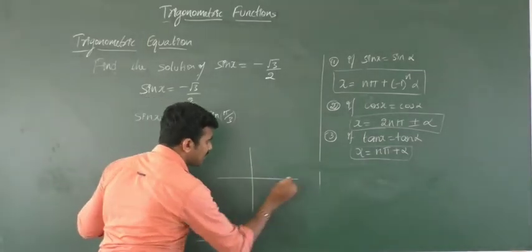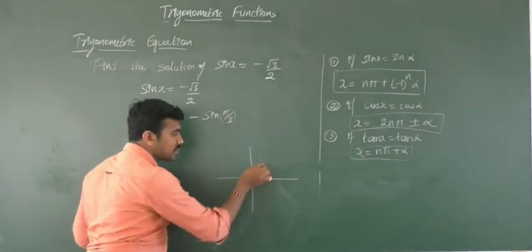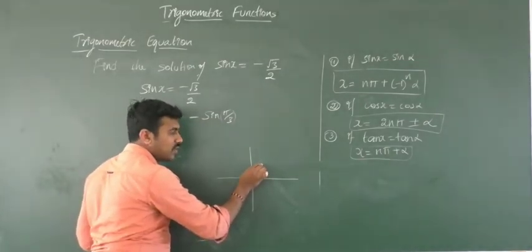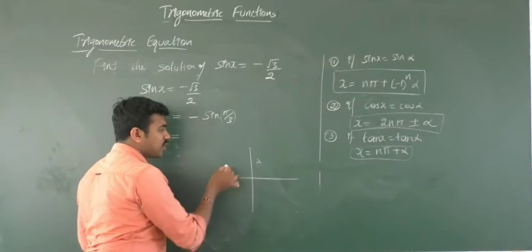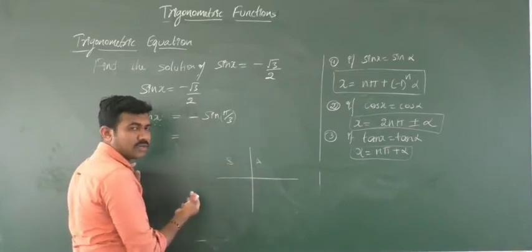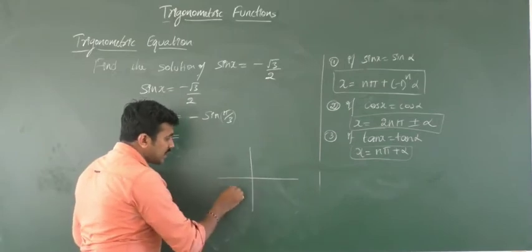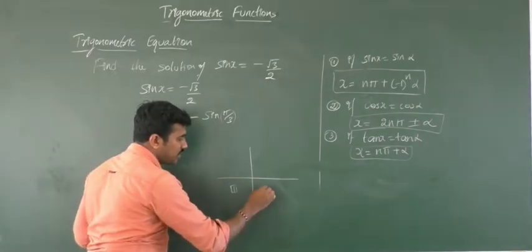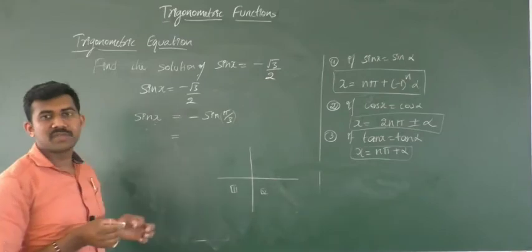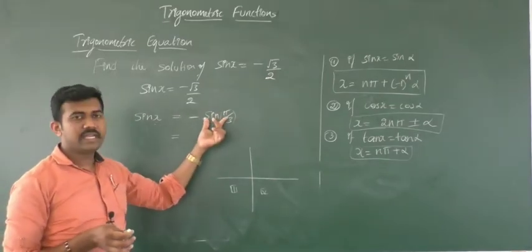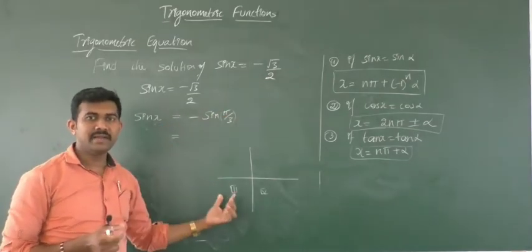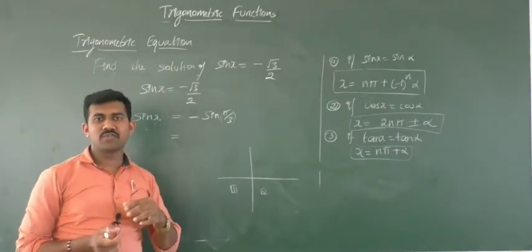In the first quadrant all are positive. In the second quadrant sin is positive and its reciprocal is positive. So other than the first and second quadrant, in the third and fourth quadrant we will get sin negative. So the solution of this equation must lie in the third and fourth quadrant.